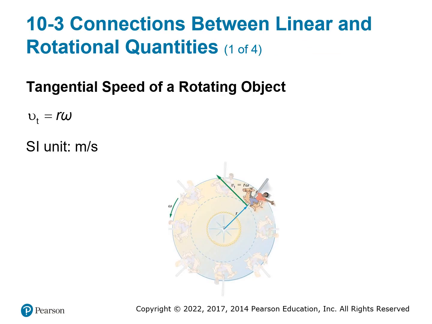All right. So with rotational motion, you can also find the tangential speed, which means the speed that's tangent to your circle. So right up against the circular path here. And all you have to do is when you convert, you just take your radius and multiply it by your angular velocity.